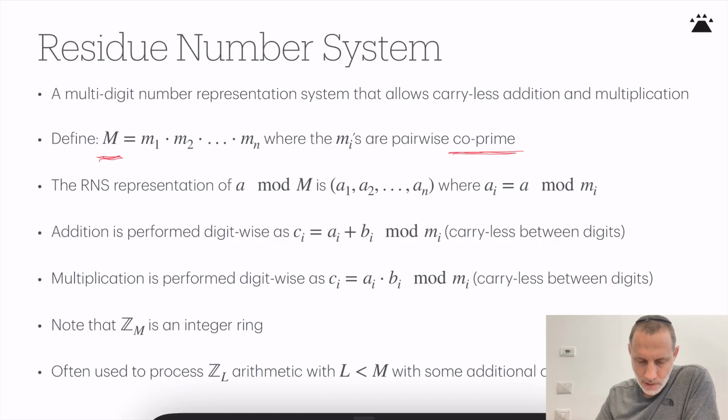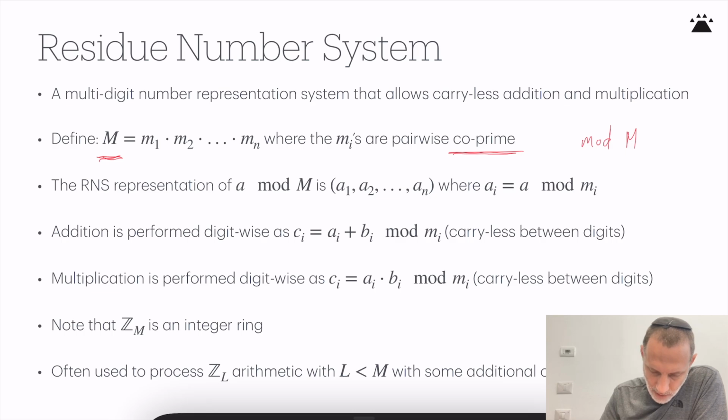Okay, and the RNS representation would be as follows. If I take a_i, I see that it's already written here, so a_i really is just the standard integer representation modulo m_i.